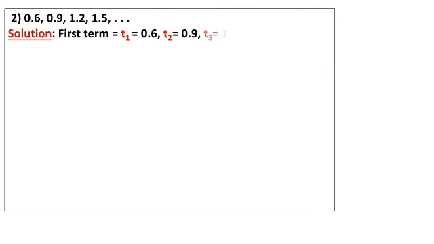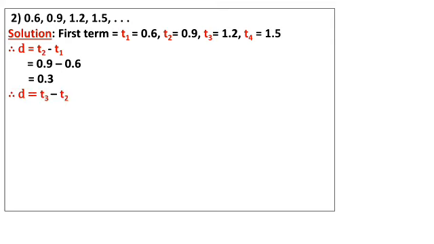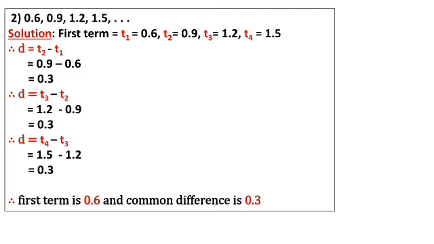The second one is given. We'll write in the terms. We'll use the formula T2 minus T1. So we got 0.3. T3 minus T2. Here also we'll substitute the value. Here also we got the 0.3. So here we got first term is 0.6 and the common difference is 0.3.